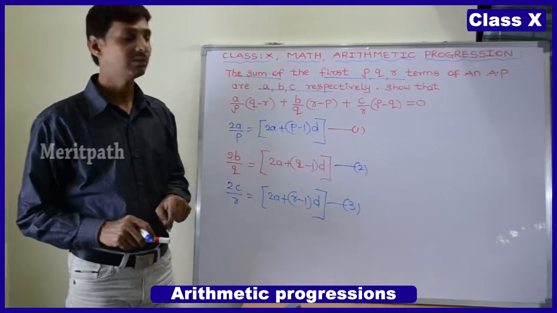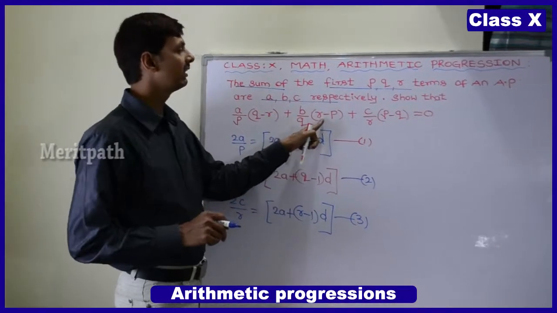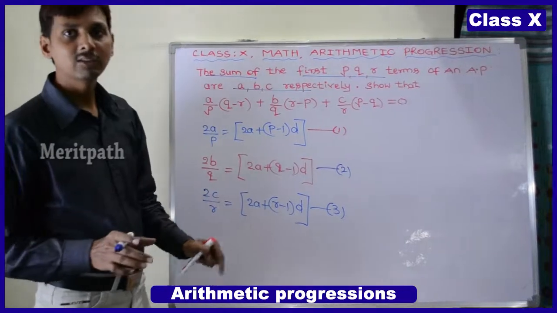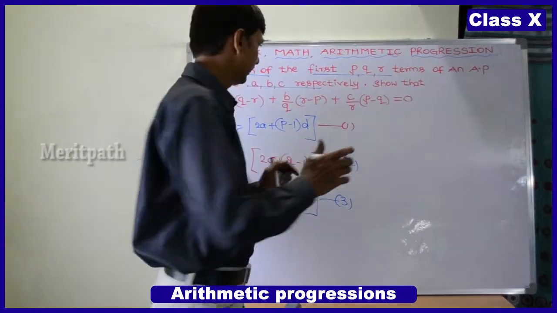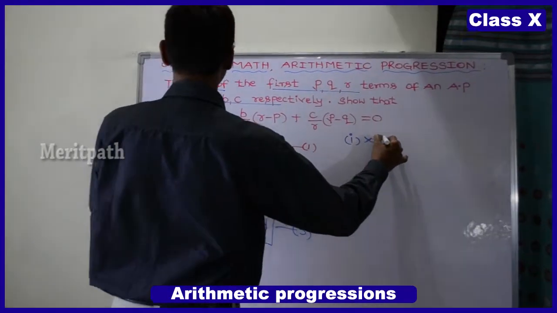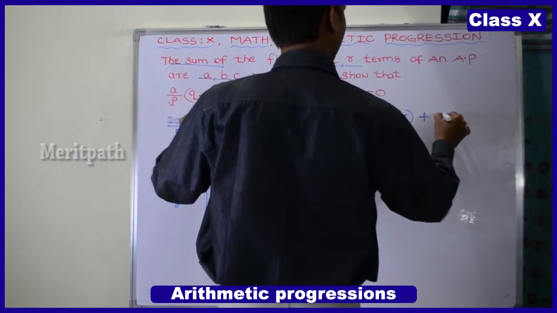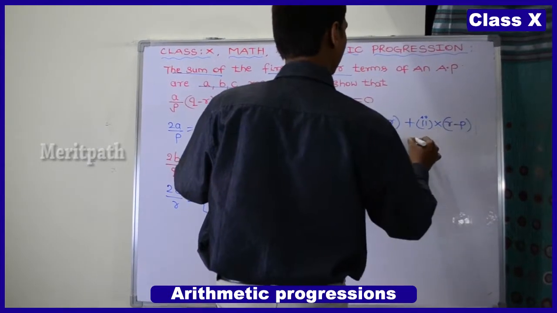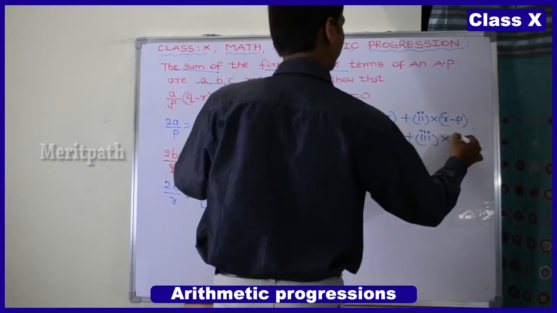So let us multiply the first equation by q minus r, the second equation by r minus p, and the third equation by p minus q, and we'll add those three equations. We are multiplying the first equation by q minus r, the second by r minus p, and the third by p minus q.